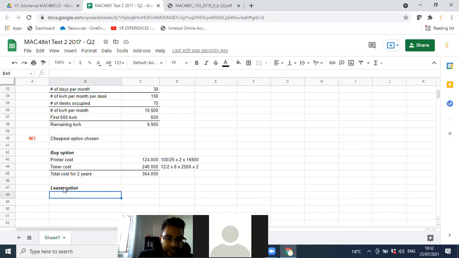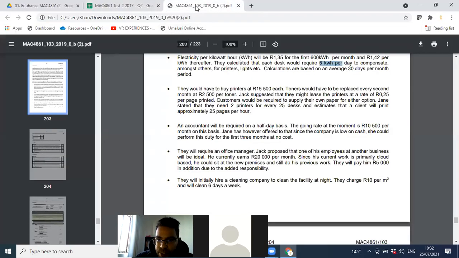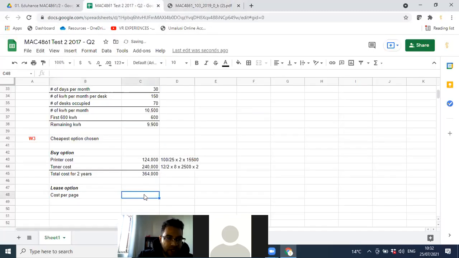Cost per page printed: 25 cents. Now we're going to need to work out the number of pages per year, or the number of pages for the 2 years.